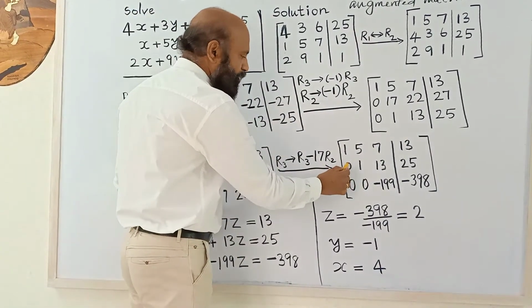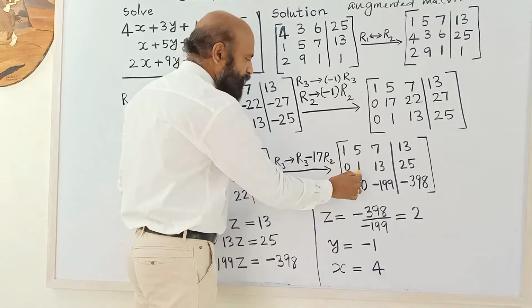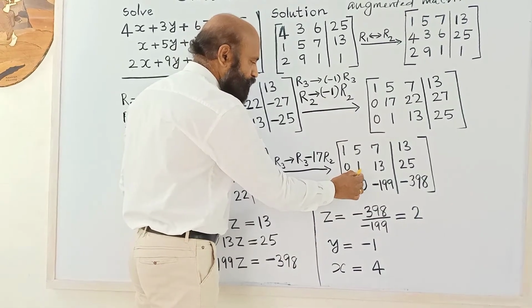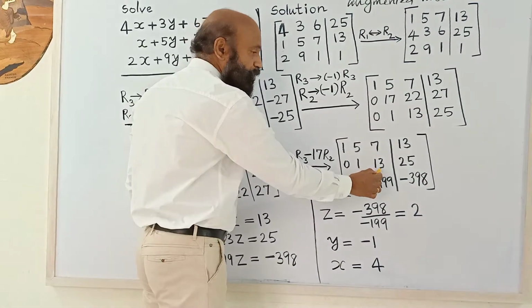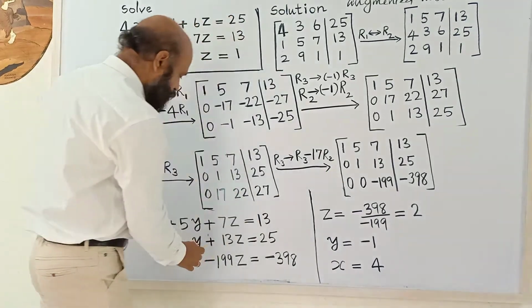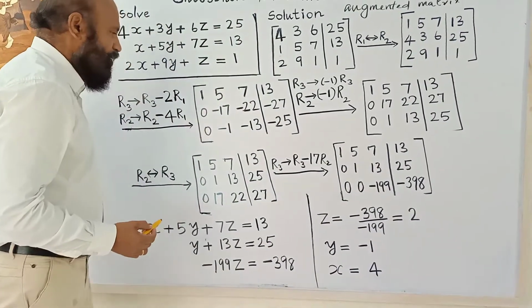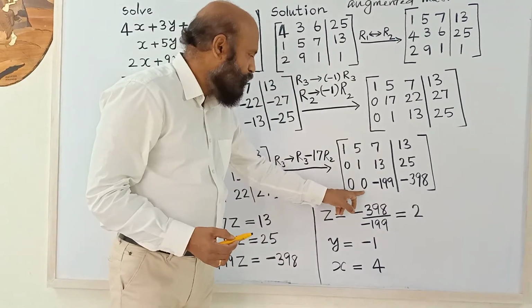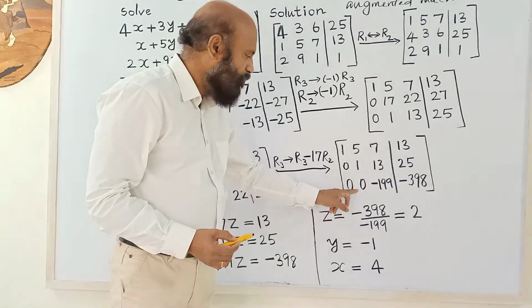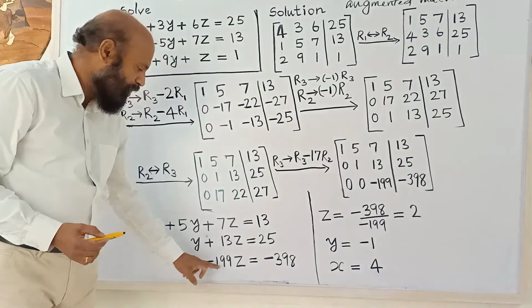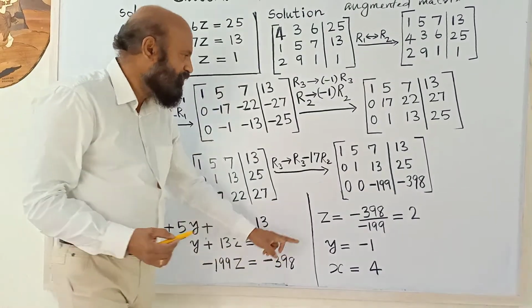Then from here, the coefficient of x is 0, so we can write like this: this is the coefficient of y, this is the coefficient of z, so y plus 13z is 25. Now here, x is not there, y is not there, so minus 199z is minus 398.